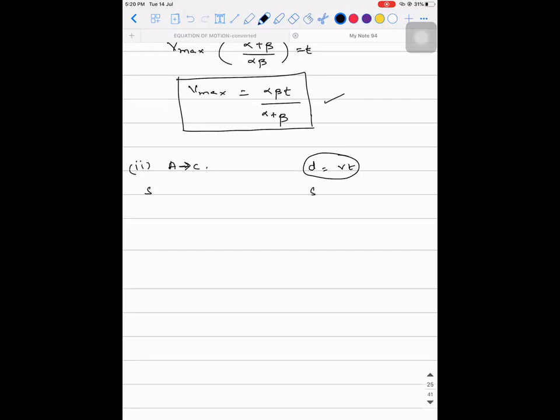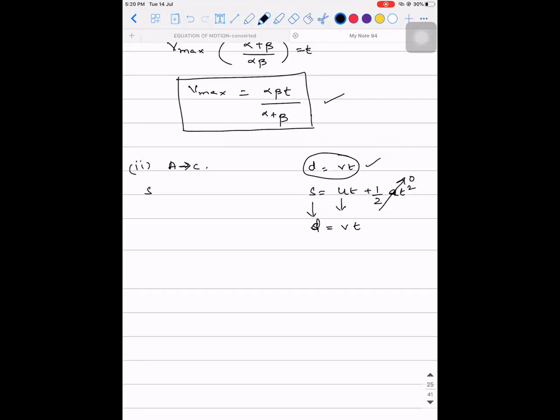So have it in your mind. The standard equation is S is equal to ut plus half at square. Only when the value of a is equal to 0, the displacement will become distance and the velocity will become constant. Are you able to understand? So you can use this only when the object is not accelerating. But the question clearly mentions it is accelerating.